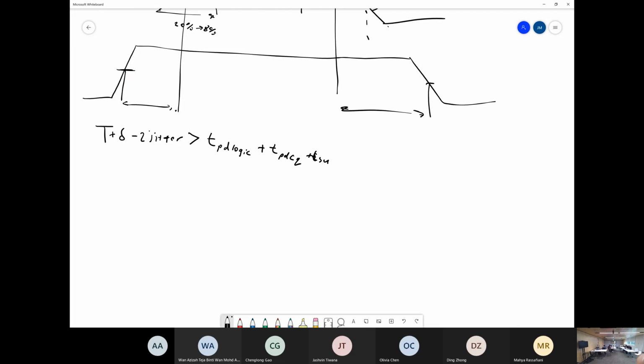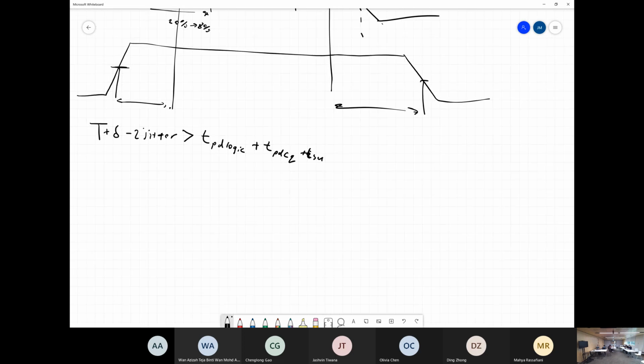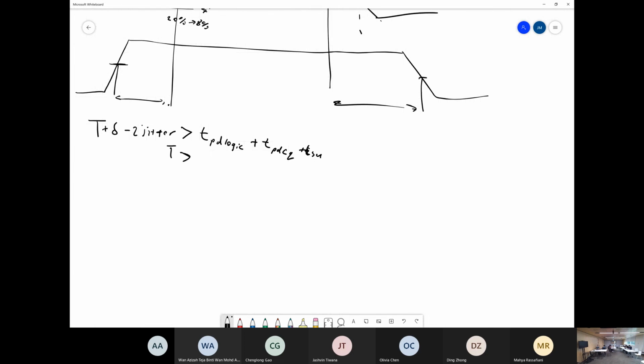Normally we just ignore the skew component and simplify it to saying the period has to be greater than the propagation delay of your logic plus the propagation delay of your flip-flop elements plus the setup time of your flip-flop elements, right? So that's an important criteria.